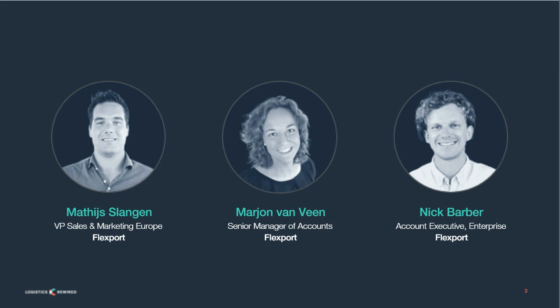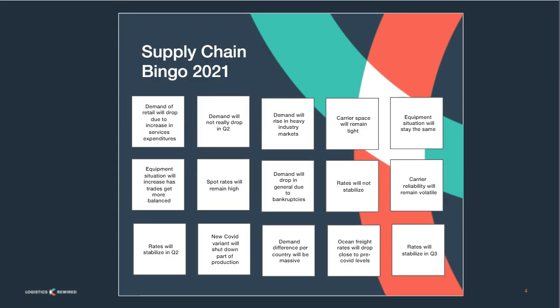You could almost compare these scenarios more with a bingo card than with a proper forecasting attempt. If you would build a bingo card, it would look a little bit like this, right? As you can see on this bingo card, there are many variables on it. The demand of retail will drop due to increases in services expenditures, for instance, because we start traveling again. Demand will rise in heavy industry markets or in automotive particularly.